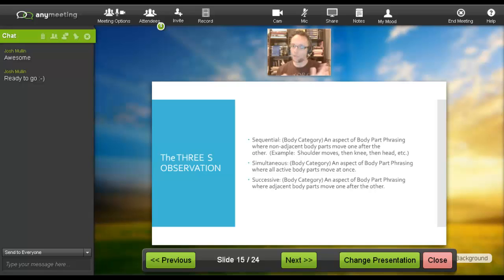I move one part, every system moves. Simultaneously, where everything's moving at once, I know that because every part's connected and allowed to be stable, mobile and pushed through. Or successive, where each chain in the link is being moved. If I can make those movements smooth, rhythmical and graceful, they are going to occur in every action I make, depending on the task, the constraint on the individual and the environment that I'm living in.